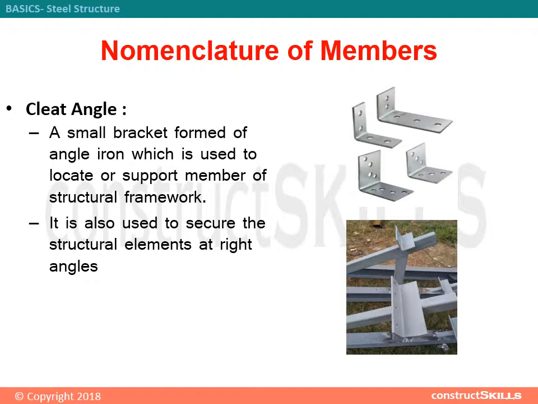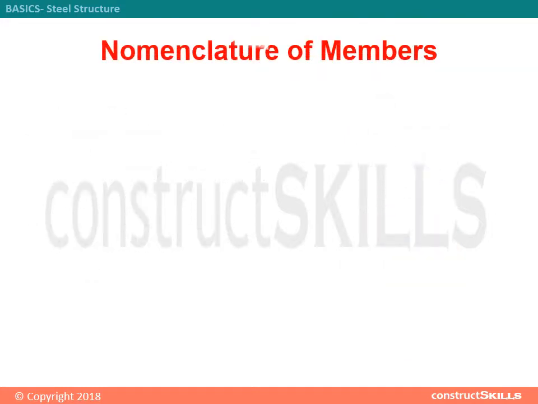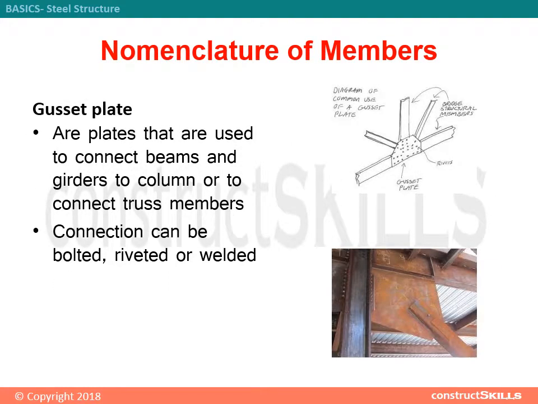A small bracket formed of angle iron which is used to locate or support a member of structural framework. It is also used to secure the structural elements at right angles. Gusset plate. Gusset plates are plates that are used to connect beams and girders to columns or to connect truss members. That connection can be bolted, riveted or welded.